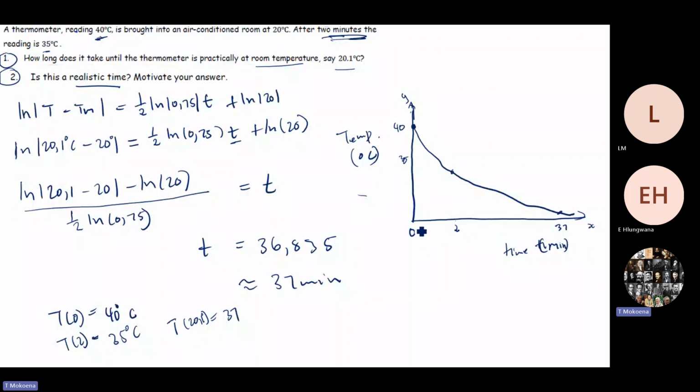In this case, it will be this line over here, because the temperature can never go further than this. So this is the realistic time. We just motivated our answer by drawing the graph, whereby we have an exponential decrease of our temperature along with time.